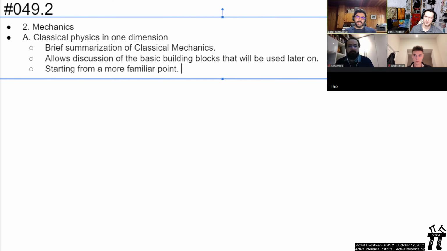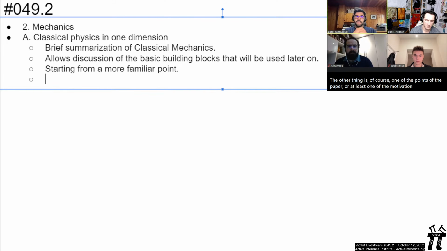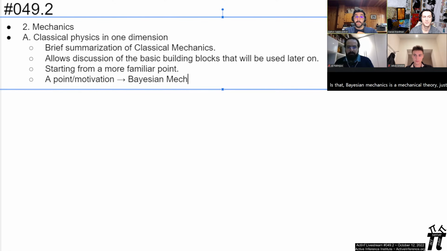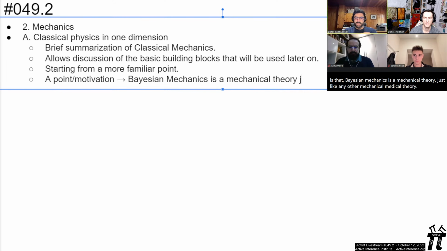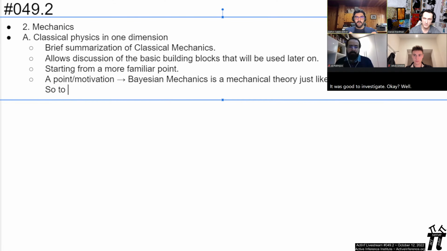The other thing is, of course, one of the points of the paper, or at least one of the motivations, is that Bayesian mechanics is a mechanical theory just like any other mechanical theory. And so to really make that analogy come across, it was good to investigate, okay, well, what are mechanical theories?